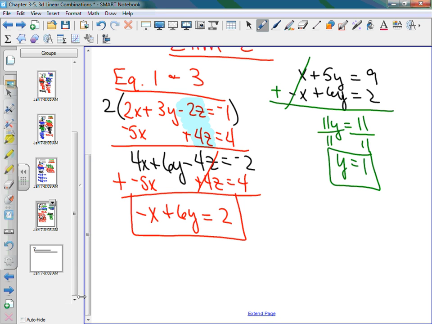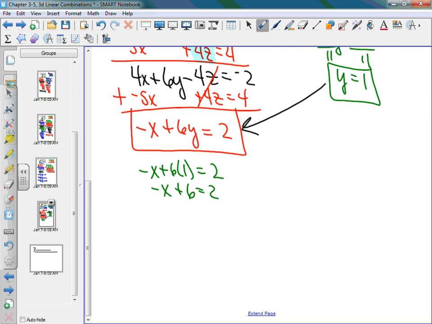I can plug it in to one of my equations to get x. So negative x plus 6 times 1. Negative x plus 6 is equal to 2. Subtract the 6. Negative x is equal to negative 4. So x is equal to positive 4. So I found x, and I found y.